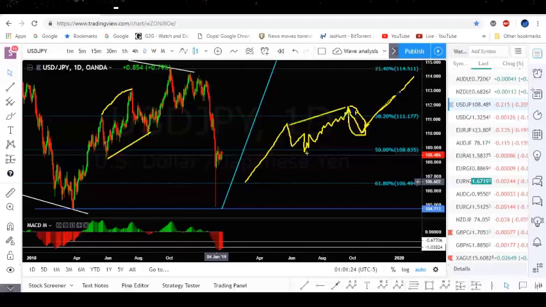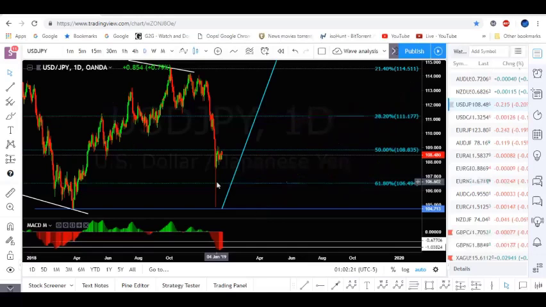So that's the one variation of the running flat you get. And then obviously it's the other one that you will get an impulse move up, a sharp pullback, and then this will go up like this, and then here you'll make a 1, 2, 3, and then you will go up. So these are the two more complicated variations of the flats you do get.